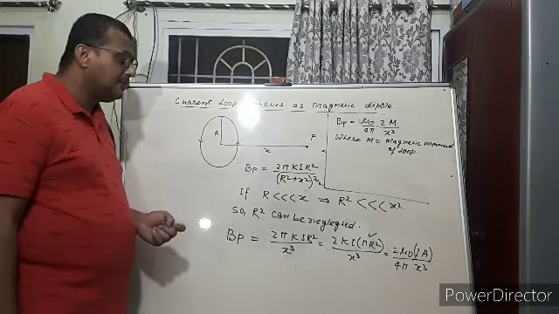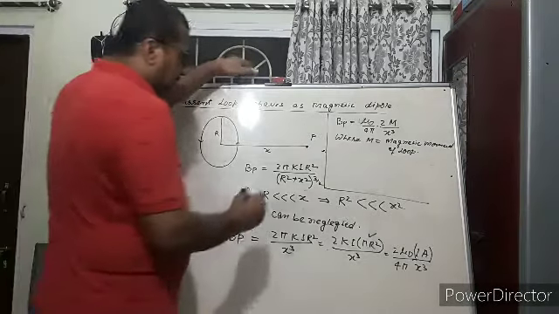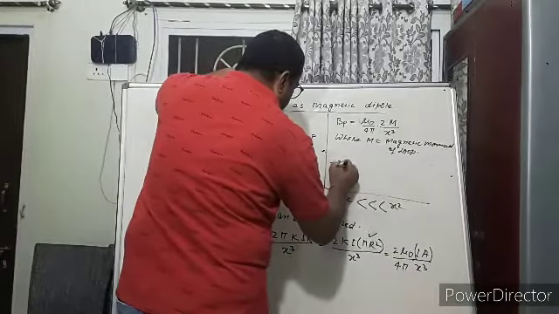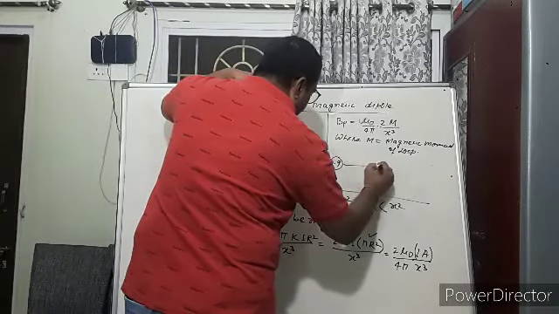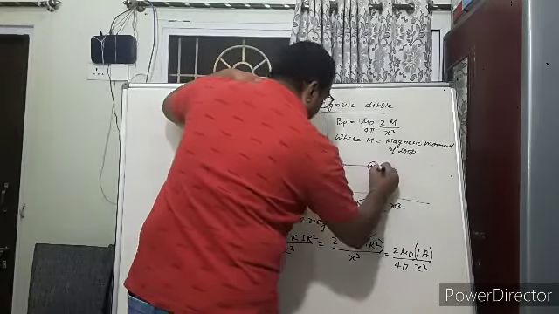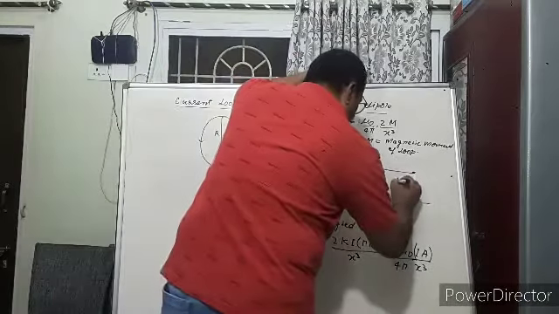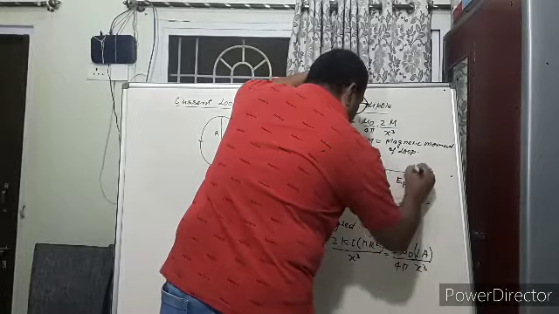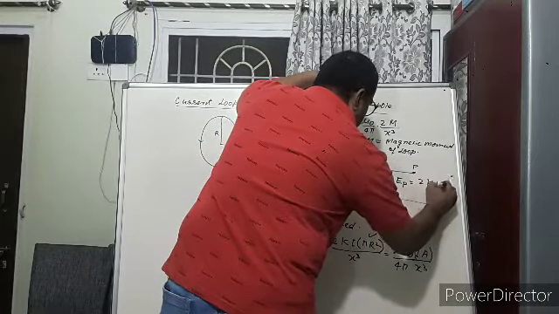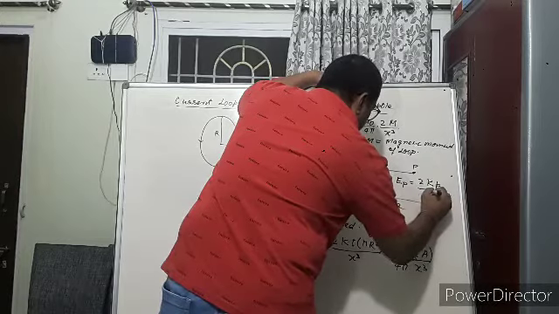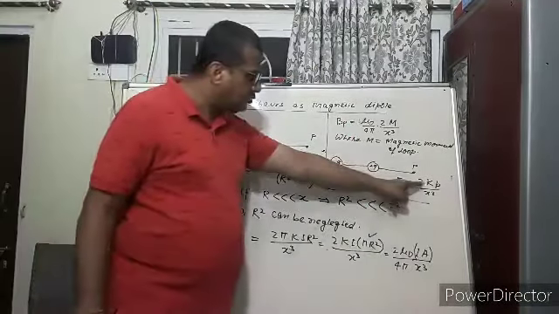Because when we did electrostatics, there was an electric dipole. Then on its axis, we calculated the electric field, that is equal to 2 kp by x cube.